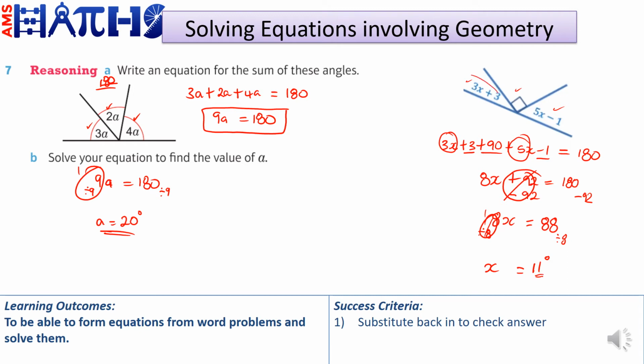So if we take this angle for example, and we wanted to find out the size of that angle, we just do 3x plus 3, then we substitute 11 there, so it's 3 bracket 11 plus 3, and 3 times 11 is 33, and when we add 3 more we get 36 degrees. So this angle would be worth 36 degrees. So we can work out the rest of the angles once we know what x is.